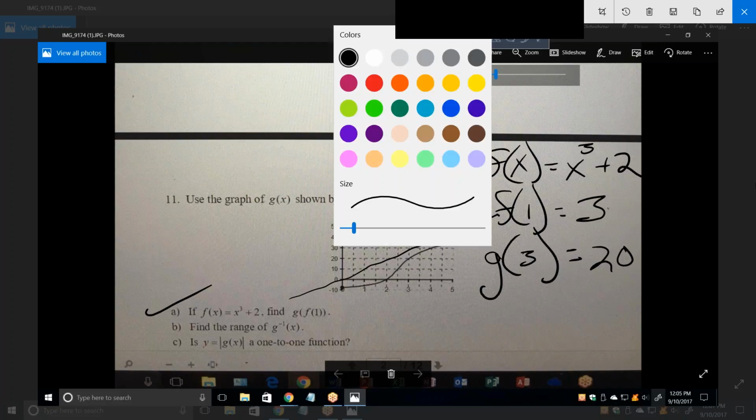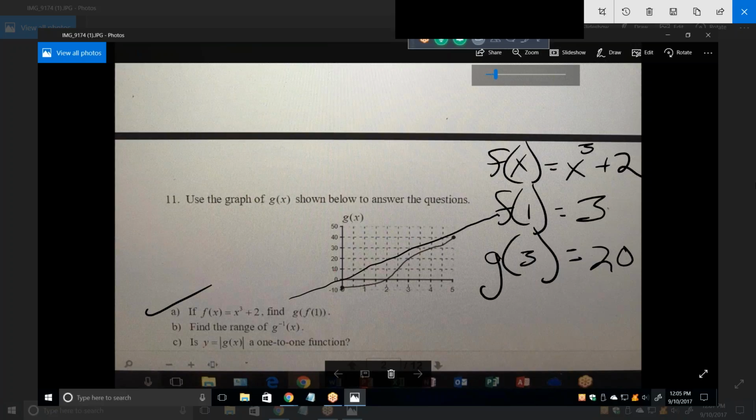Okay, so in a different color, let me do that. Now, if I put arrows on both ends of that, tell me the range of that pink function. Negative infinity, positive infinity. Good.